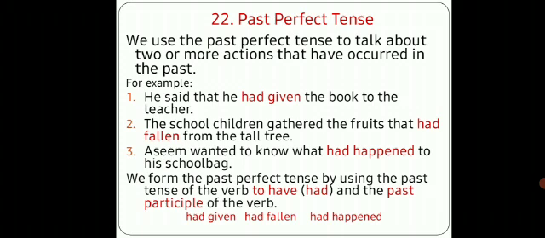Asim wanted to know what had happened to his school bag. Now here, Asim wanted. What did he want? To know. To know what? What had happened to his school bag. So you can see one in the simple past form and the other in the past perfect form.